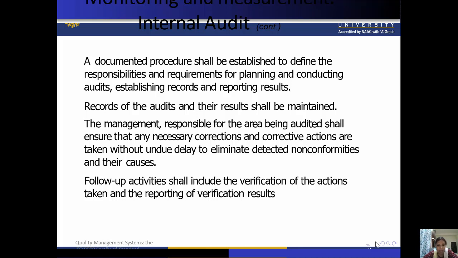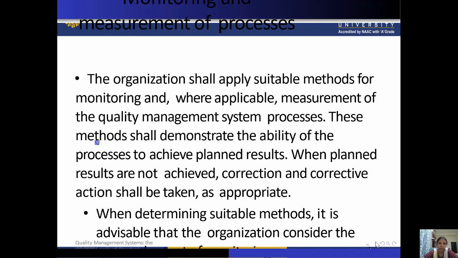The management responsible for the area being audited shall ensure that any necessary corrections and corrective actions are taken without undue delay to eliminate the detected non-conformities and their causes. Follow-up activities shall include the verification of the actions taken and the reporting of verification results.